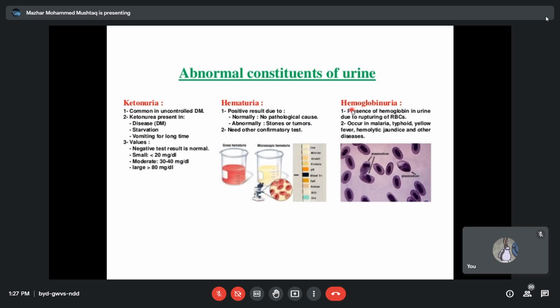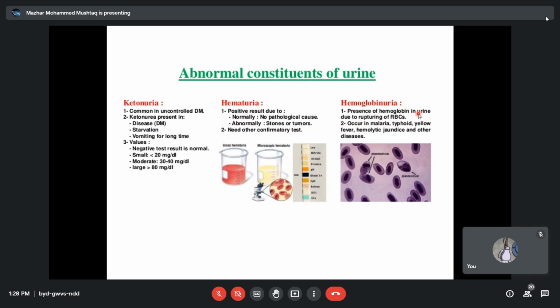Similarly, you have hemoglobinuria. There is a difference between hematuria and hemoglobinuria, because hemoglobin is present in the red blood cell. It can happen that the red blood cells are broken, and the contents of them are present in the urine, not the whole red blood cells. So it is the presence of hemoglobin in the urine due to rupturing of the red blood cells.